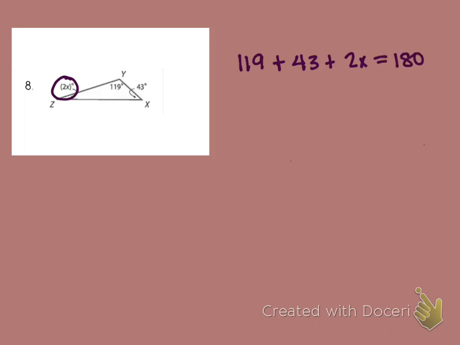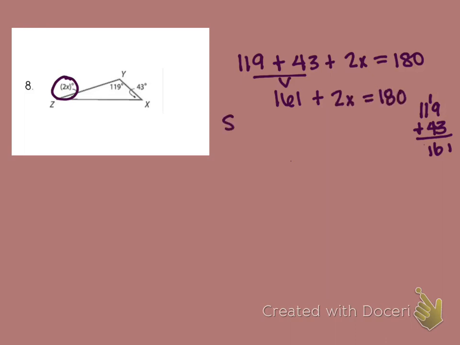It's set up the exact same way, but instead of x, we happen to have a 2x here. So we solve the exact same way, and we add these two numbers first. So we get 161 plus 2x equals 180.